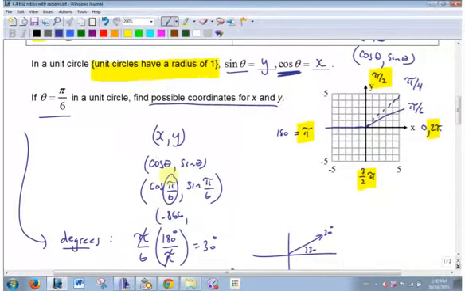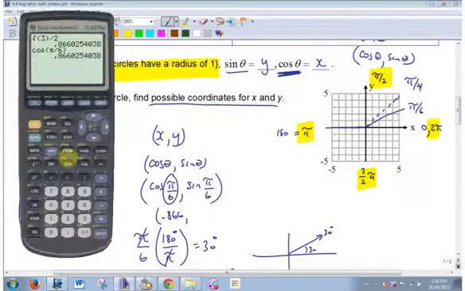Pretty soon, maybe we'll memorize that pi over 6 is root 3 over 2 for cosine. And for sine, pi over 6 is 30 degrees. Remember, that's a half, but let's put it in. Sine of pi over 6 in radians, hey, it's a half.